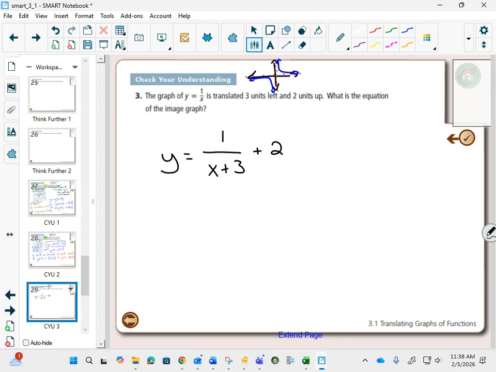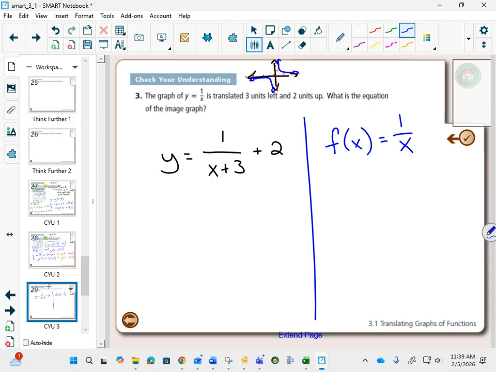If you can do this directly, perfect. If you're really good at function notation, or if you can get really good at function notation, it sometimes can be really helpful. Okay, I'm going to show you how to do it in function notation. In function notation, you make your original function. My original function was 1 over x. So I just replaced the y equals with f of x equals.